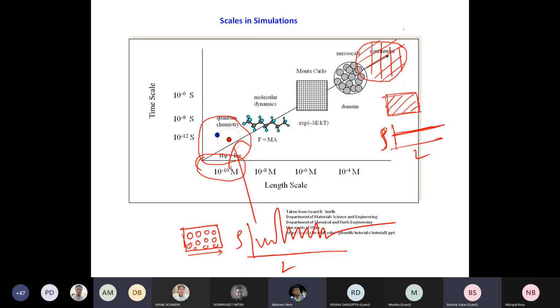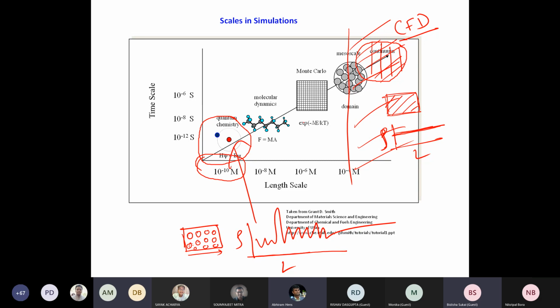So your CFD stands in this domain. CFD is applicable only in this domain, which is beyond 10 to the power minus 4 meter and above. If you go to the very atomic world, this is not going to work.